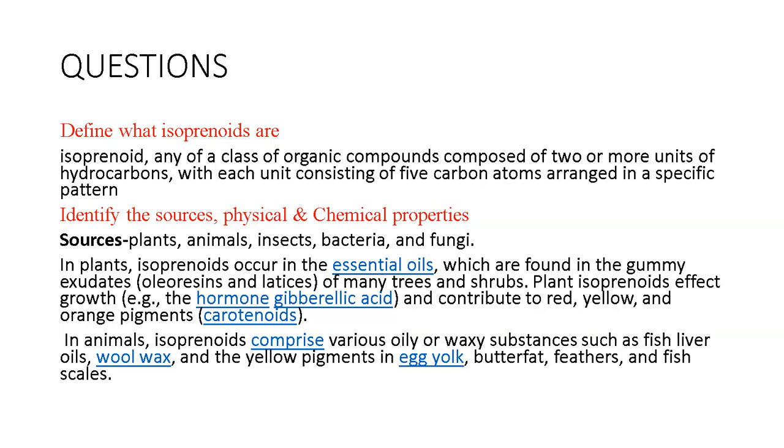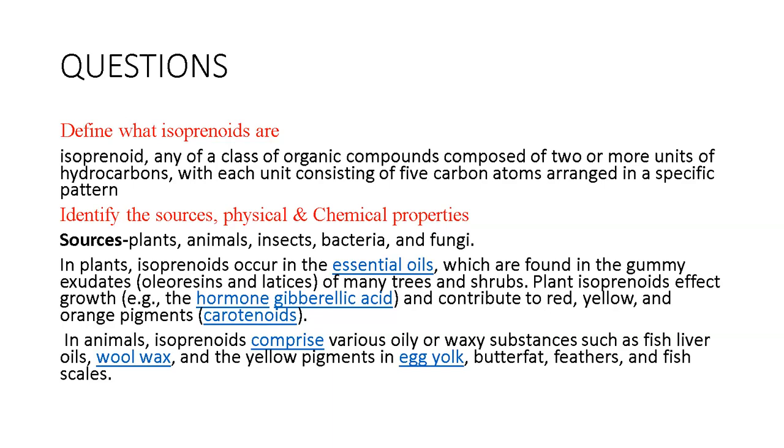In animals, it comprises various oily or waxy substances, such as fish liver oils, wool wax, and the yellow pigments in egg yolk, butterfat, feathers, and fish scales. So with that, I think maybe you have an idea of what isoprenoids are.